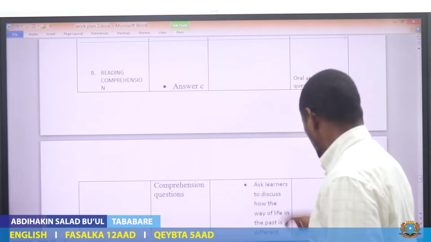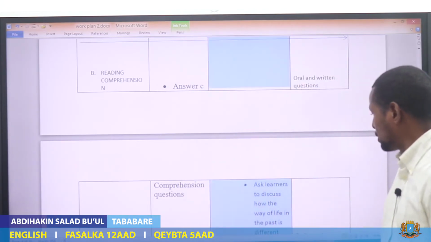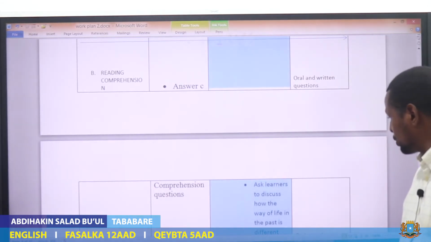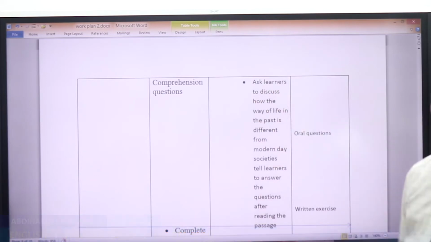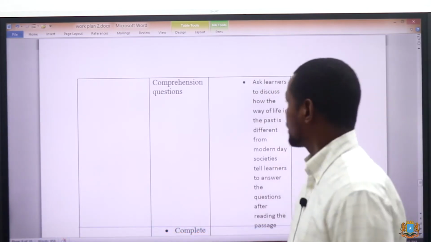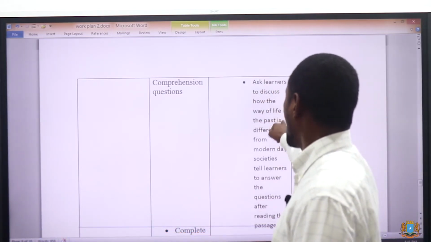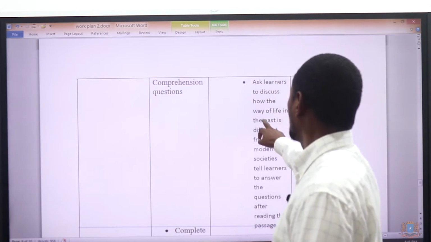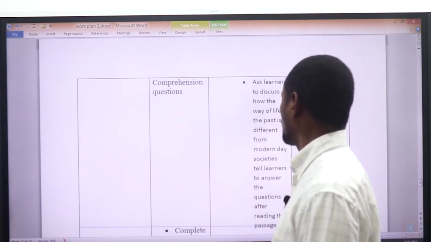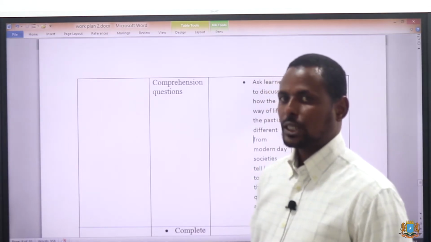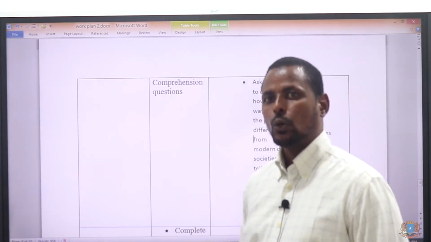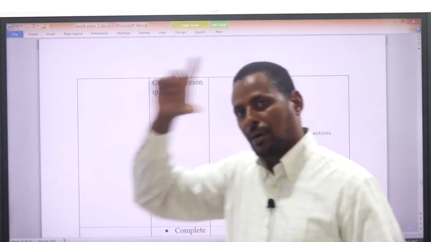So here are the methodologies which ask learners to discuss how the way of life in the past is different from modern day societies. As you remember, the unit topic was societies in the past.